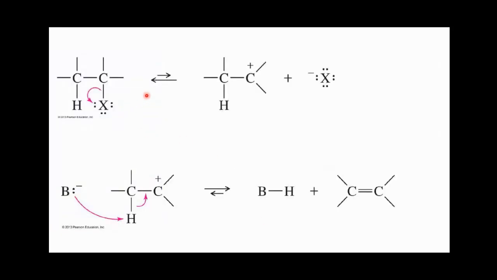So the mechanism for this is the leaving group leaves, and you get a carbocation, and then the base will take a hydrogen, and the bonding pair that gets left behind will move to this bond, making a double bond to neutralize the positive charge.